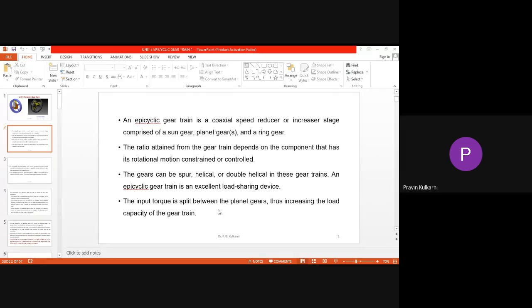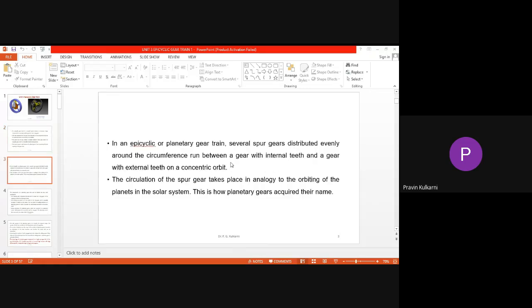The input torque is split between the planet gears, thus increasing the load carrying capacity of the gear train. Remember that in the case of an epicyclic gear train, load carrying capacity is high. Several spur gears are distributed evenly around the circumference, and so on. Okay.